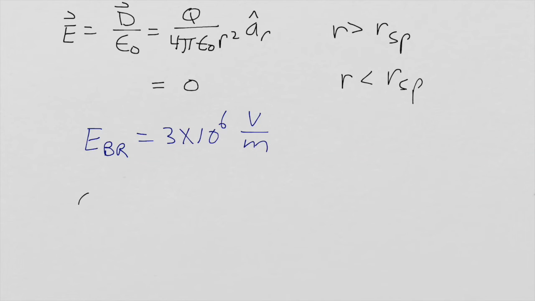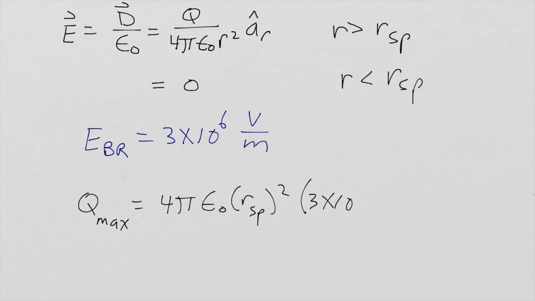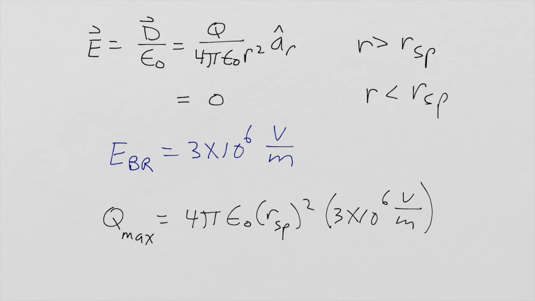So the maximum charge on the sphere is 4 pi epsilon sub 0, the radius of the sphere squared, times 3 times 10 to the 6 volts per meter. And this came directly from this equation where we put the breakdown field strength in for the electric field intensity, r sub sphere for the radius and solving for Q, which would now be Q max.